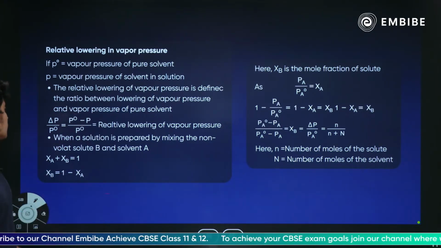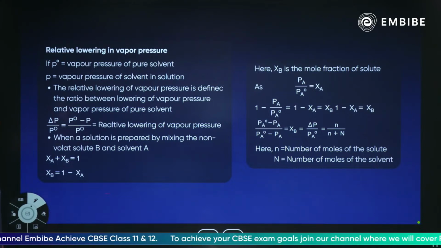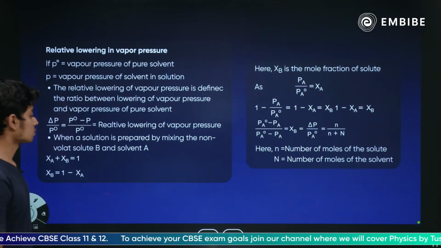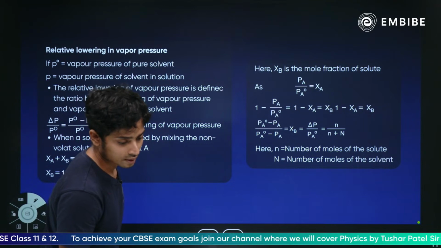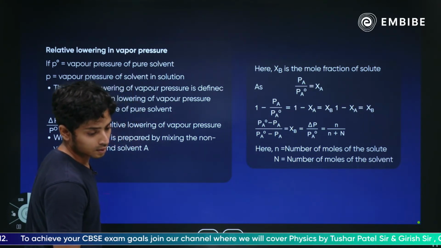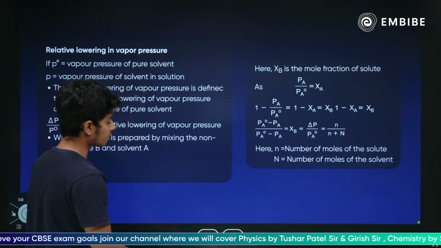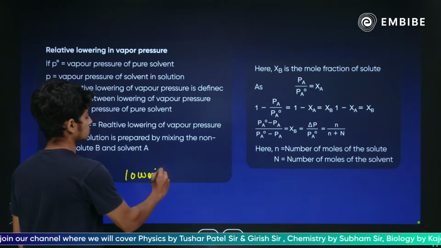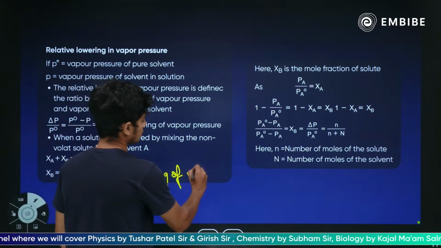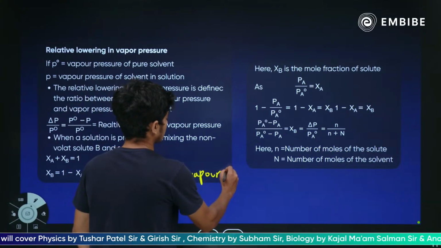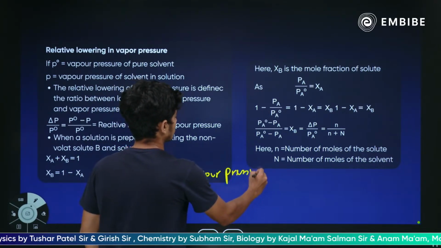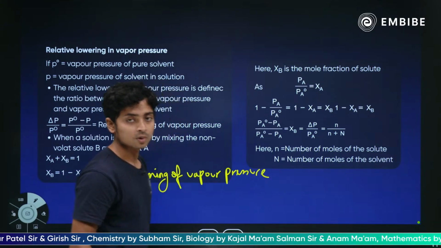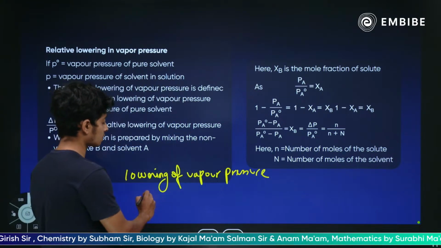So relative lowering. If you mix a non-volatile solute, there is lowering of vapor pressure. What is lowering of vapor pressure? Pure solvent vapor pressure will be P naught.